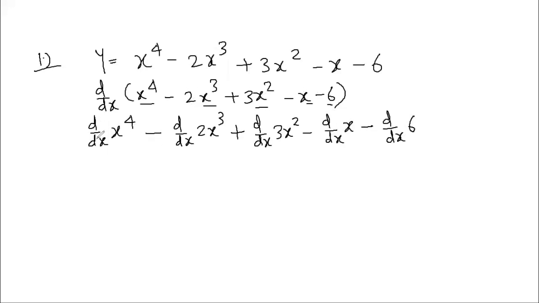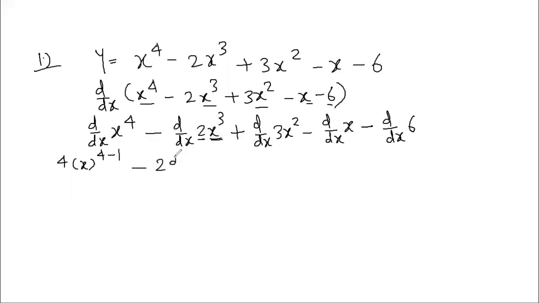Now, what is the differentiation of x to the power 4? So can I write 4 should become first, x, and 4 take away 1. Minus. This is the 2 and this is the x to the power 3. 2 is attached with the x to the power 3, so the constant you have to make outside the differentiation.